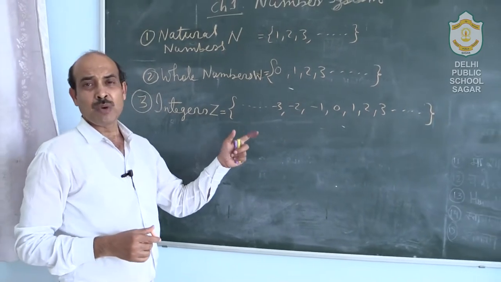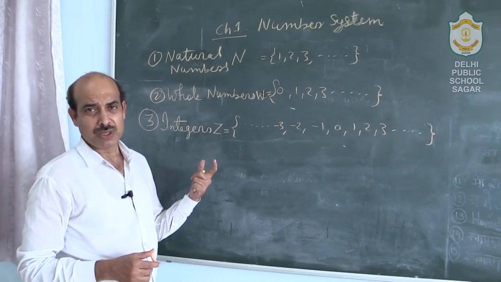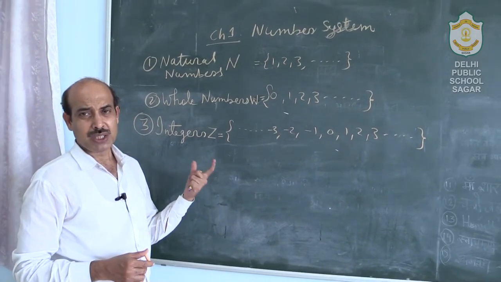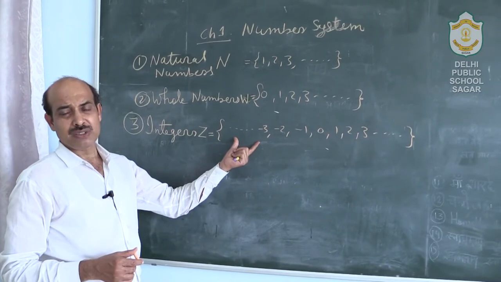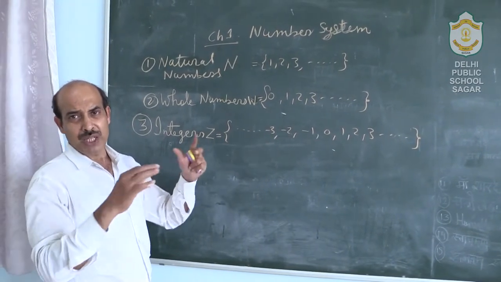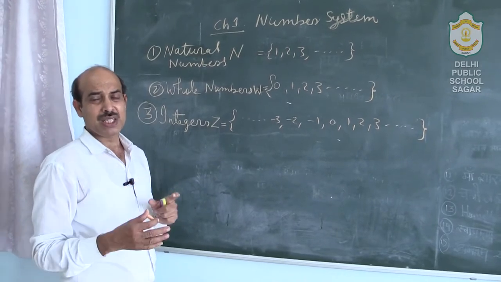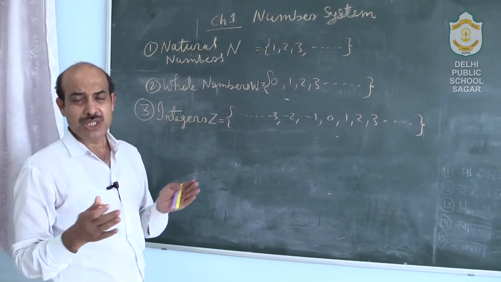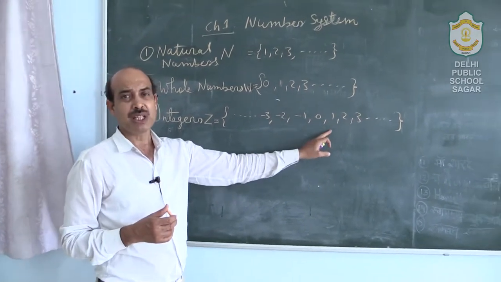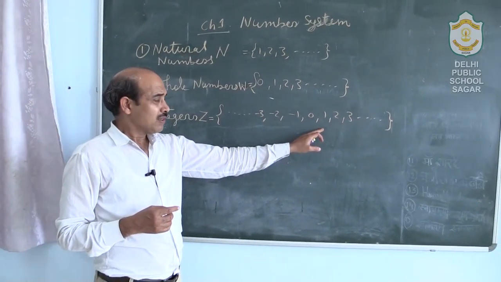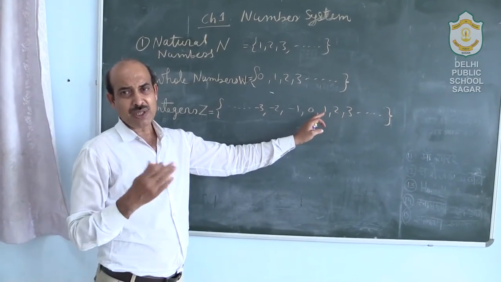Still some more numbers are there which are in fraction form, like 1 by 2, 2 by 3, 3 by 4. If we add them to integers, this combined group is known as rational numbers. But rational numbers are very close to each other, so we cannot write like this by putting commas between them. In integers, there is no integer between 1 and 2.